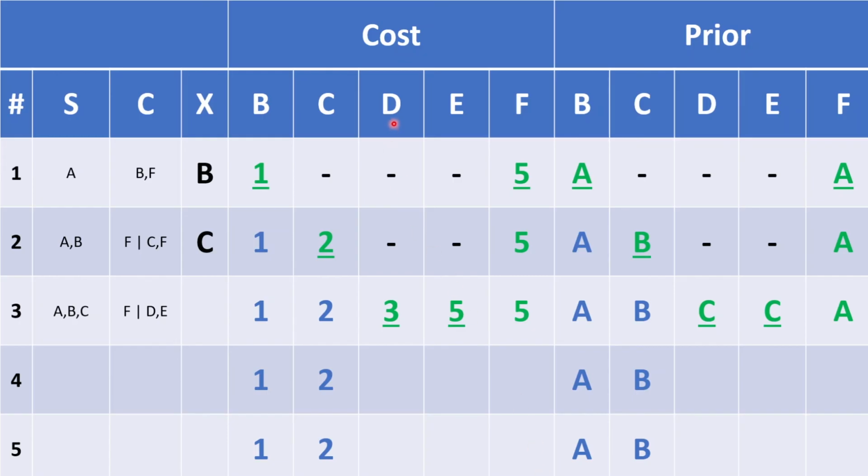In the graph, we've indicated it here. We can reach D at a total cost of 3, we can reach E at a total cost of 5, and for both D and E, it is the introduction of this new node C that enables us to reach those nodes at those costs.